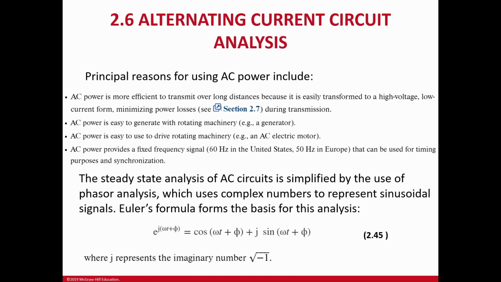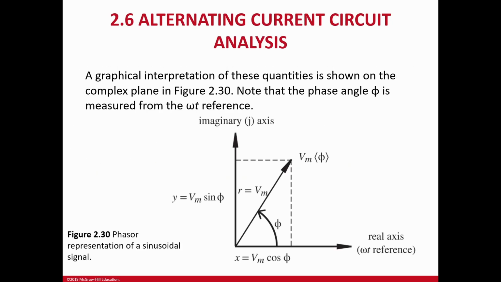What's the phase angle here? The phase angle is the angle between the real axis and Vm, the resultant voltage. You can use arctangent to calculate this phase angle from Vm cosine phi and Vm sine phi.